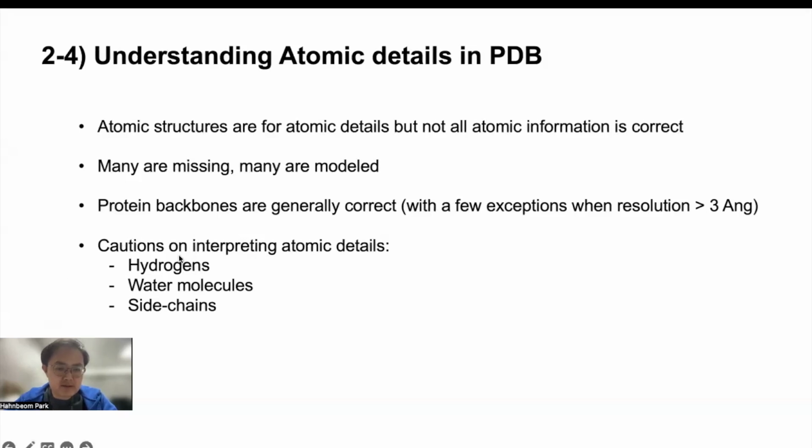Here are the items that I especially highlight that you have to pay attention to. First, reading hydrogen information from the PDB. Second, the water molecules: a PDB file has water molecules and their atomic coordinates. And number 3, interpreting side chain atomic positions. We'll look at them one by one in the next slides.